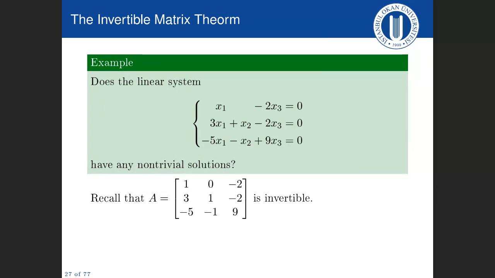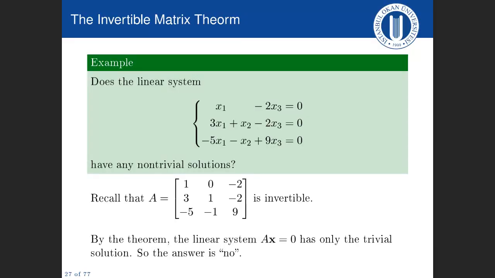We've just seen that this matrix A, the coefficient matrix of this linear system, is invertible. So by the theorem, the linear system AX equal to 0 has only the trivial solution. So the answer is no. There are no non-trivial solutions.